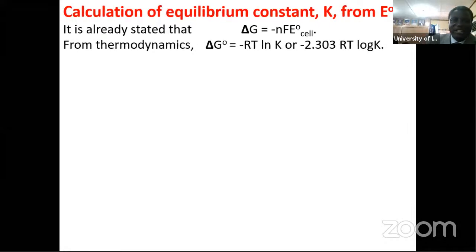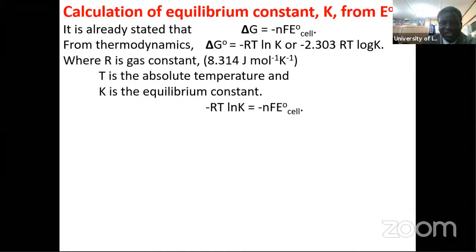We already said that delta G naught is equal to minus nFE naught cell. All this we did during the last lesson.